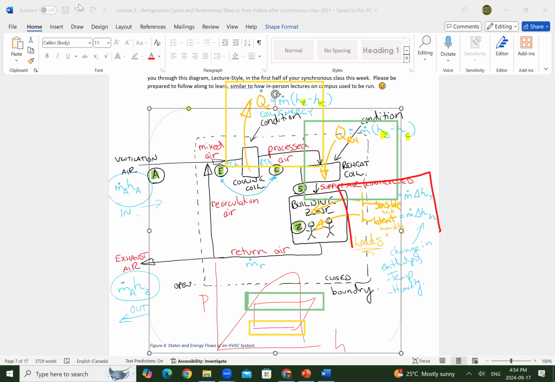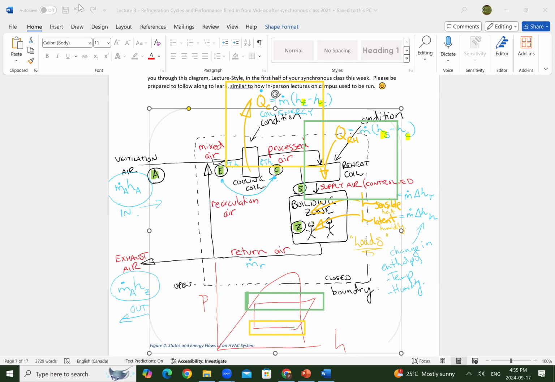So what we maybe don't remember is that people give off measurable temperature change and a change in humidity, but both temperature and humidity affect enthalpy. So the effect of these latent loads from these basically hot and steamy people is going to be dependent on how much flow is flowing through the system, how much they can accept this change of energy. So that's a load that goes into the system.